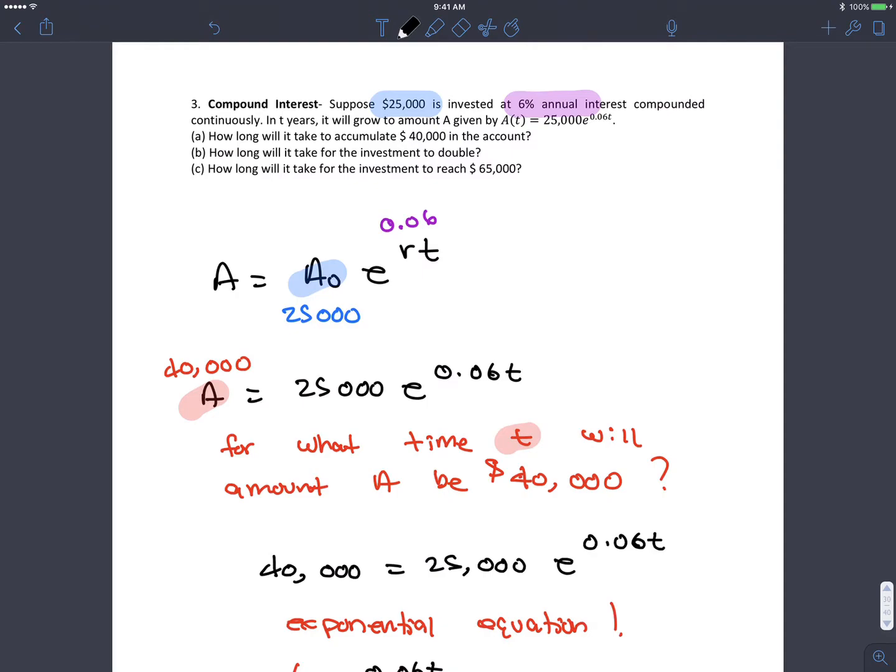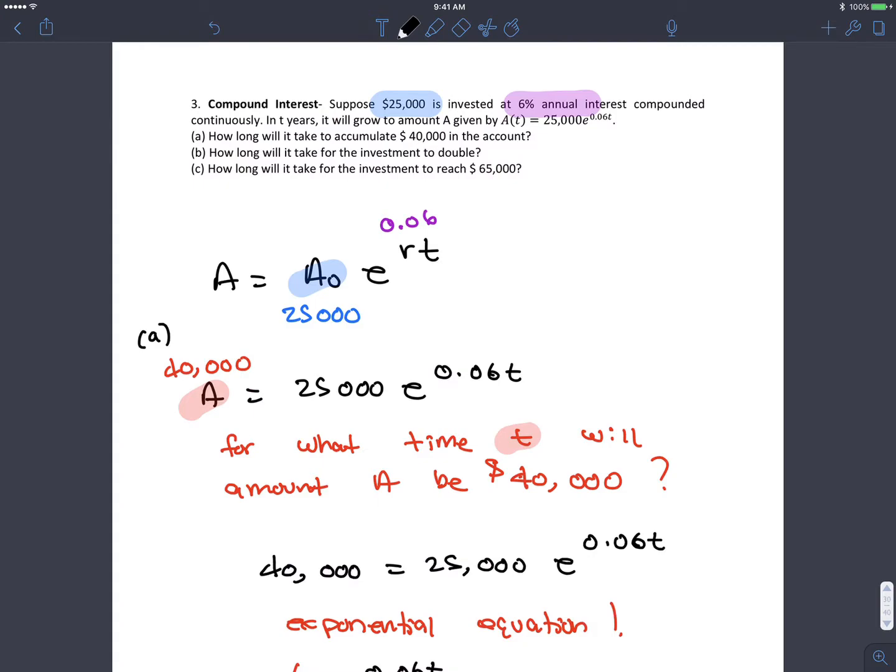This is question A. It takes 7.8 years to go from 25,000 to 40,000. If you're paid a 6% annual interest and your interest is compounded continuously. So this is how we actually determine a time value given these other parameters.